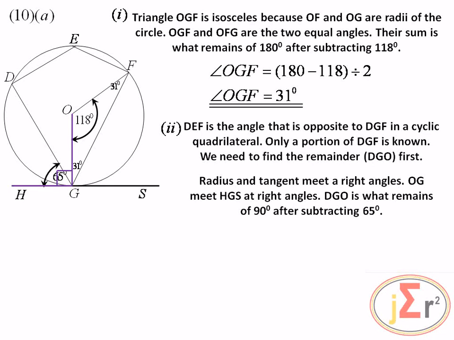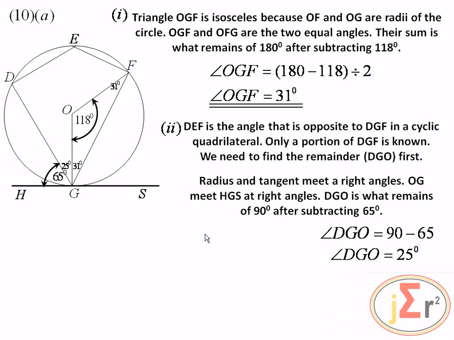DGO is what remains of 90 degrees after subtracting 65 degrees. So 65 degrees is right here, and the entire angle is 90 degrees. So subtract 65 from 90, and we will arrive at the other angle, which is 25 degrees.